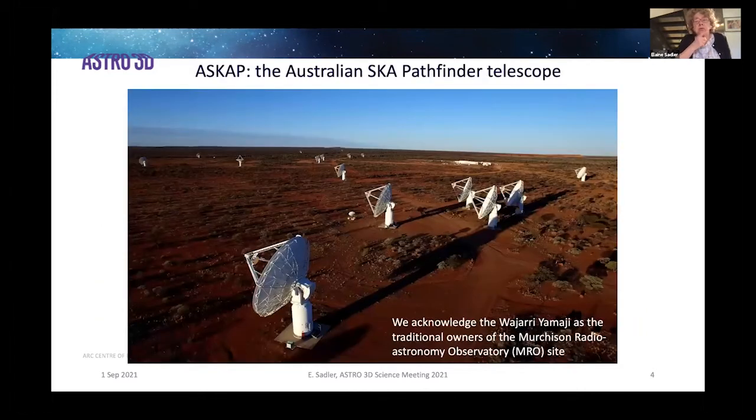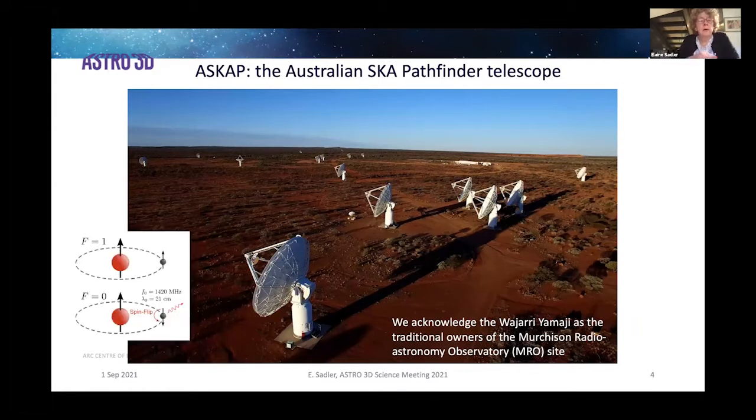The instrument that we use to make progress here is ASKAP, the Australian SKA Pathfinder, as you see here. It's located on Wajarri land in Western Australia, and the tool is the 21 centimeter spectral line, the single emission line of neutral hydrogen. At low redshift, this is fairly straightforward.